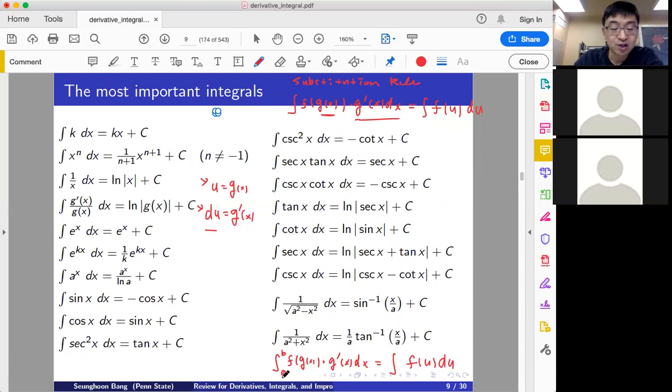How can you change a and b? You use the relation u equals g of x. Plug a into x, the lower limit is g of a. Plug b into x, the upper limit is g of b. This is called the substitution rule.